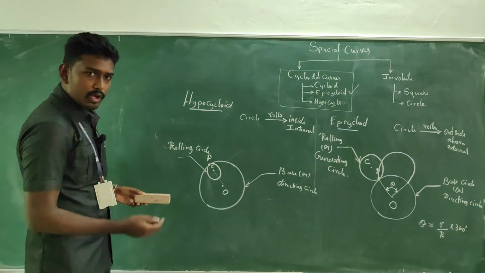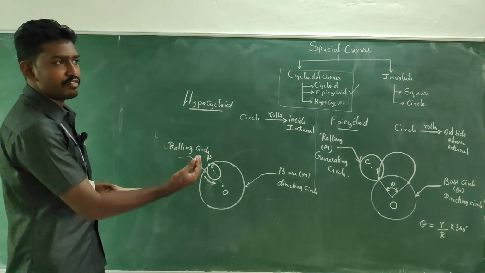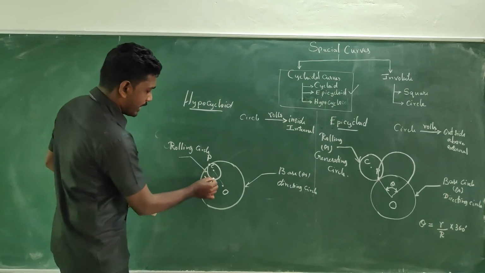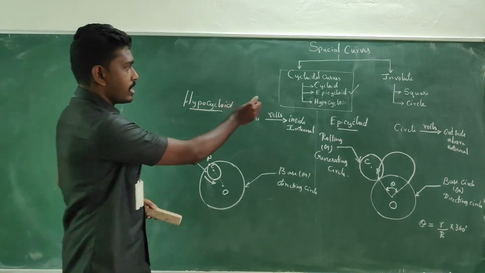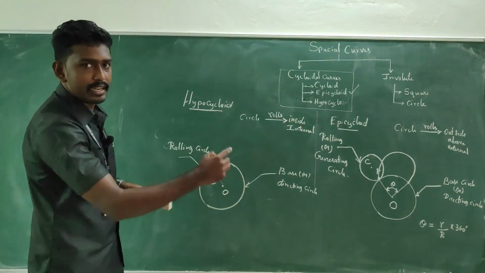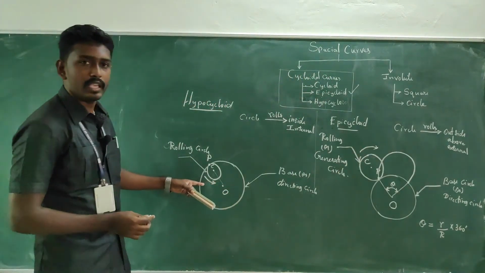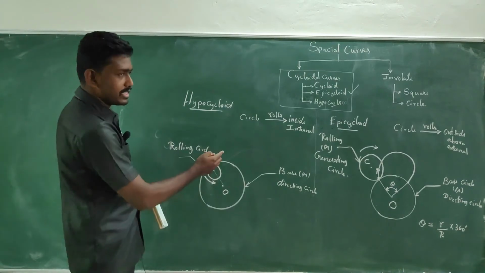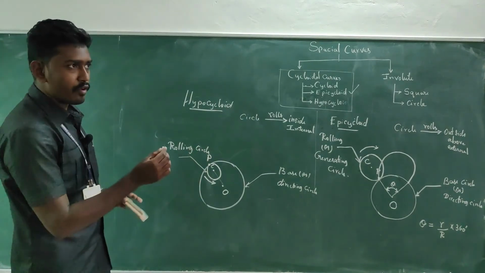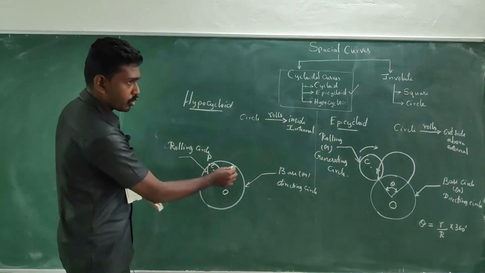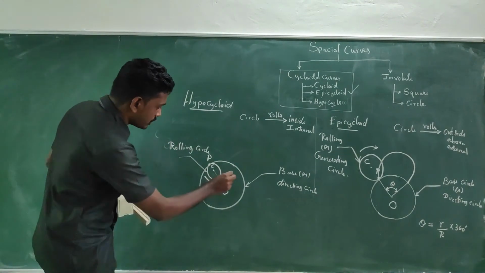Okay, now we are going to roll it forward. So we must rotate this rolling circle in the anti-clockwise direction. Like cycloid and epicycloid, we used to rotate in the clockwise direction. Here you can see, in order to get the forward motion, we are rotating it in the anti-clockwise direction. So just imagine it rolling inside the base circle and completing one revolution.